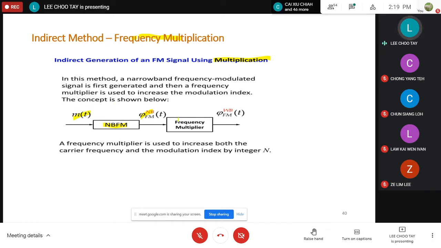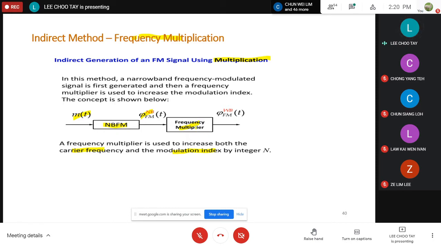And then after that, we pass the narrowband FM signal through a frequency multiplier. All right, so this frequency multiplier will increase the carrier frequency, as well as increase the modulation index. How much you want to increase them depends on the multiplication factor of the frequency multiplier.